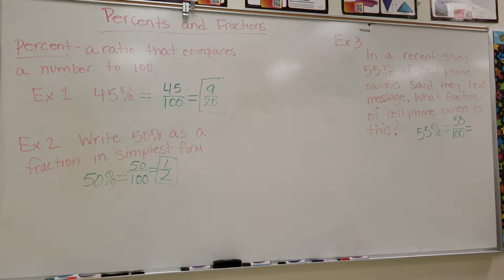In this case, it is 5. 5 goes into 55 11 times. 5 goes into 100 20 times. And so there, our reduced answer or answer in simplest form will be 11 over 20. Okay? Please pause the video to take notes.